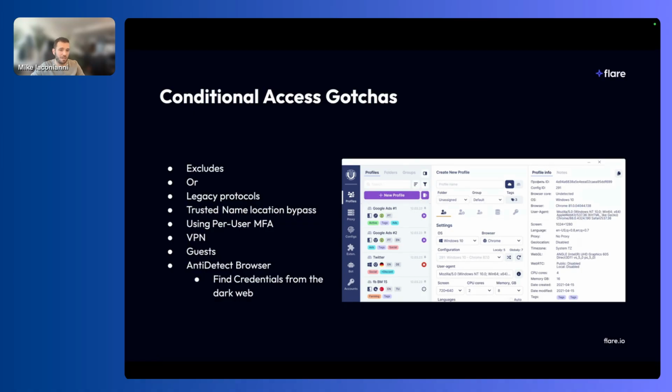The trusted named location bypass. This is essentially having your VPN as a trusted named location. So you wouldn't require MFA once you're on the VPN, but you need MFA to get onto the VPN. This is a really big mistake that I've seen many customers make, where once you're on the VPN, you're able to access any application without MFA because theoretically you used it to get onto the VPN.